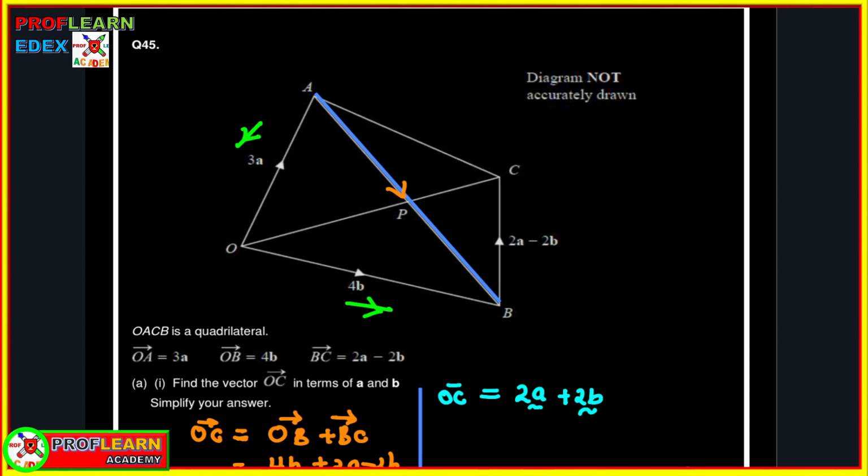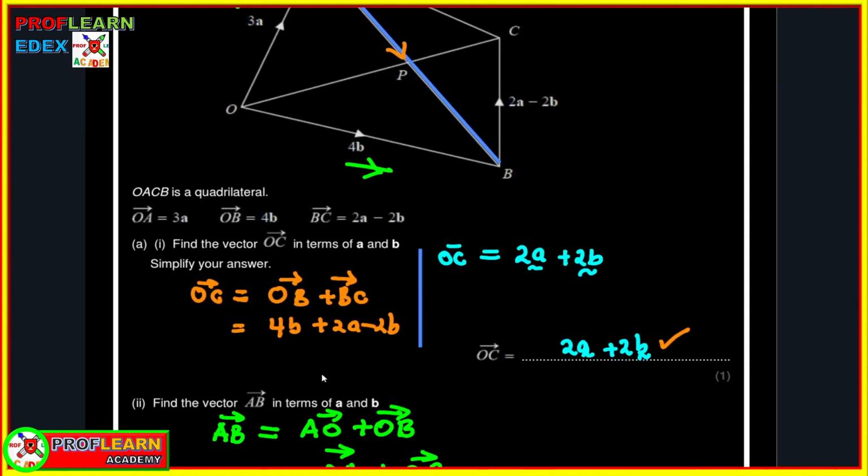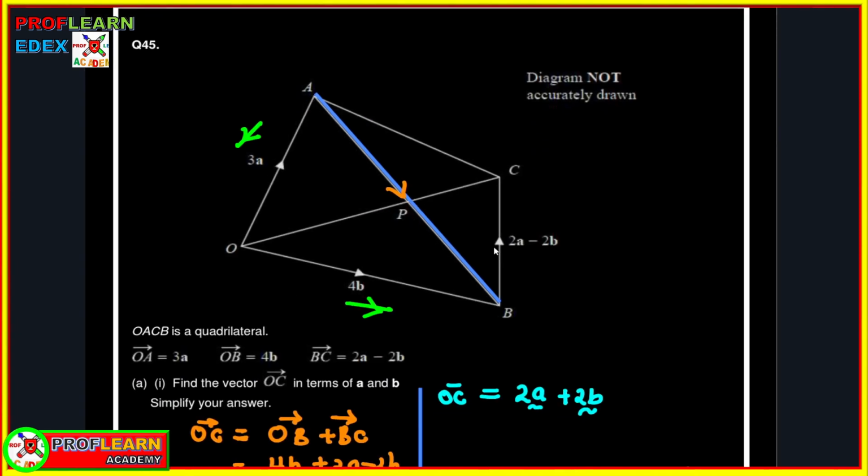In the event you are given a question to do with vectors, since we're finding OC, you need to realize that we're moving from O to C. There are different routes we can use, and the routes you use are the ones given in terms of vector A and vector B. So we are going to use the route OB, then BC, where OB is vector 4B and BC is 2A minus 2B.